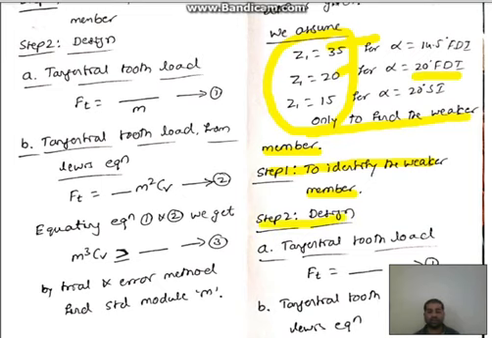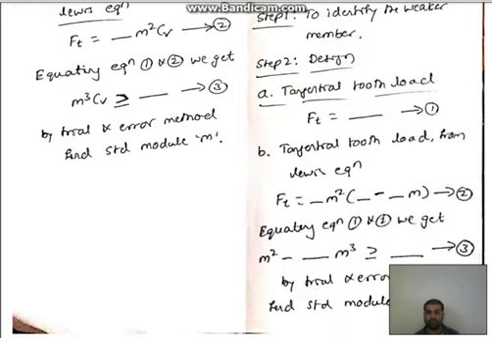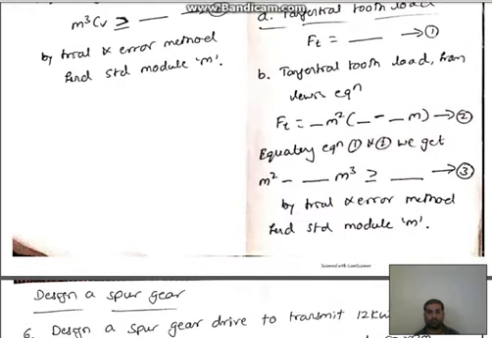Step 2, design. A bit, tangential tooth load. In this case, you get the tangential tooth load as a complete magnitude. That is equation number 1. B bit, tangential tooth load from the Lewis equation.